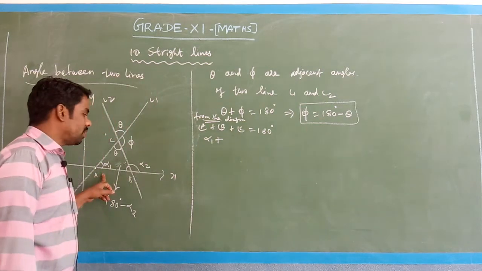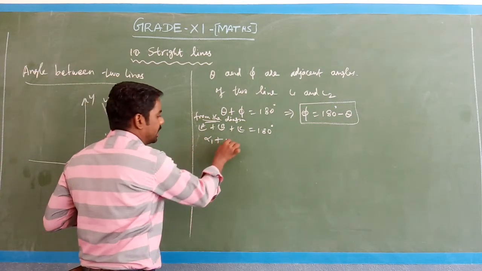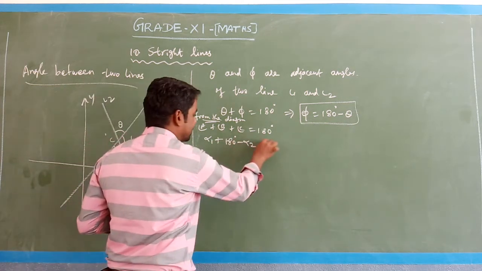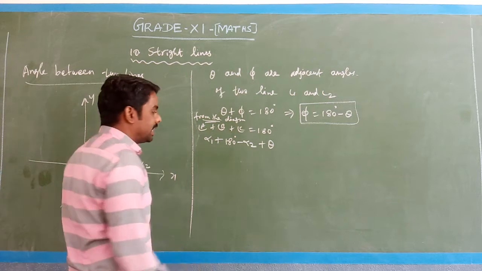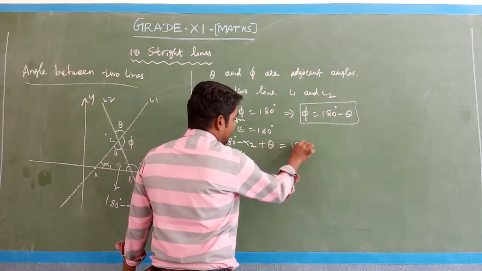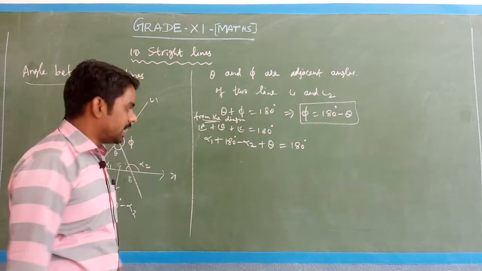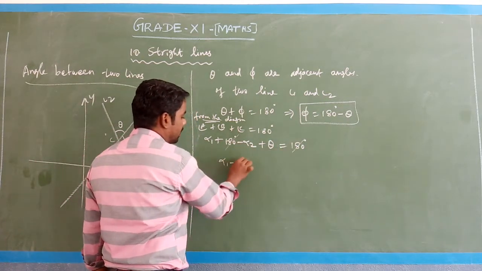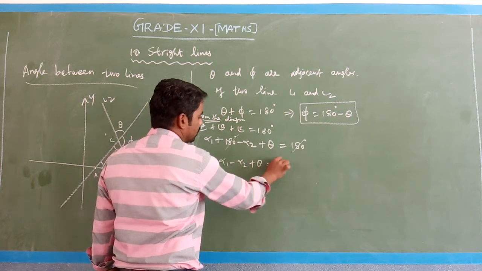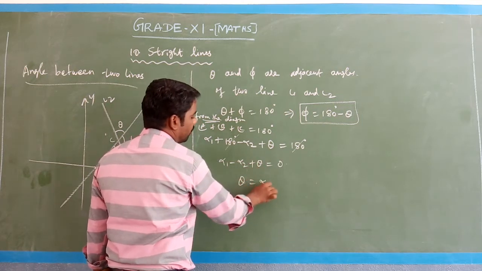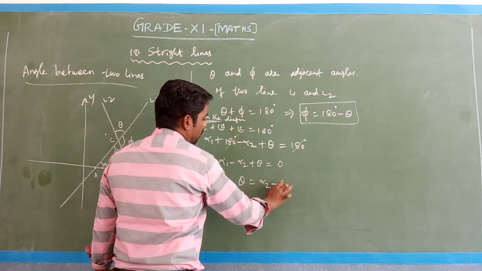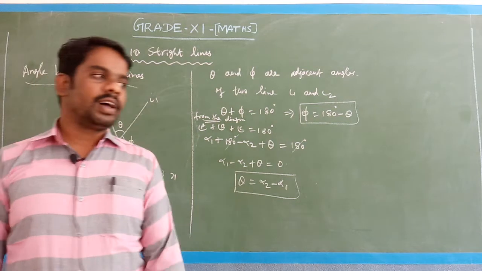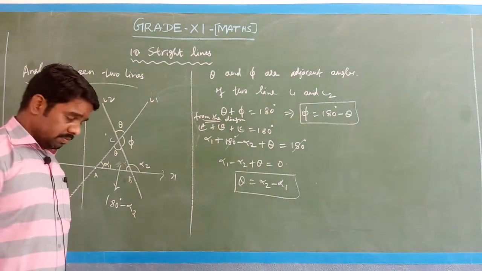Angle A is alpha 1, angle B is 180 degrees minus alpha 2, and angle C is theta, so the sum is 180 degrees. Here 180 is cancelled. Remaining alpha 1 minus alpha 2 plus theta is equal to 0. Then theta is equal to alpha 2 minus alpha 1.